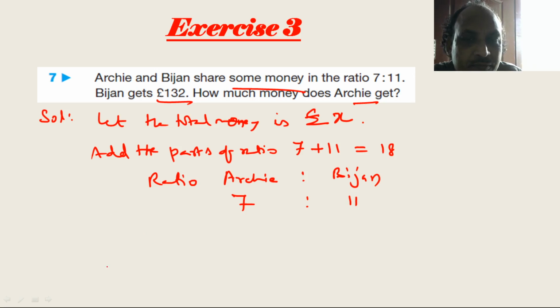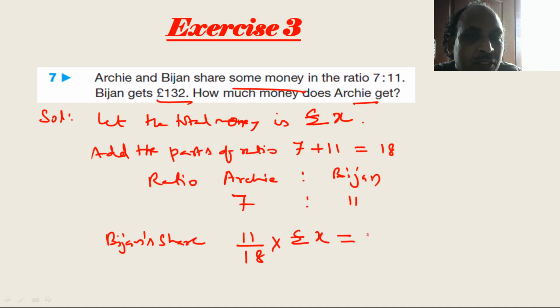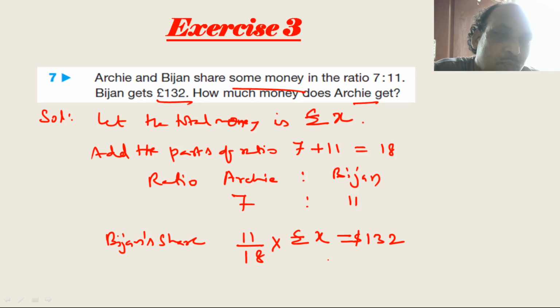It means Bijan's share we can find: 11 by 7 plus 11, which is 18, into X pounds, equal to 132 pounds.